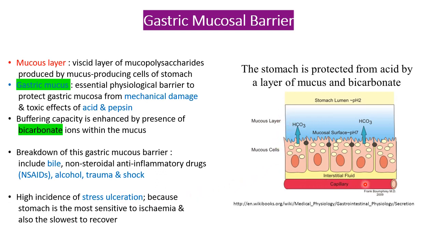This picture shows you the gastric mucosal barrier, with this high concentration of bicarbonate ion that increases the surface pH of the mucus layer.